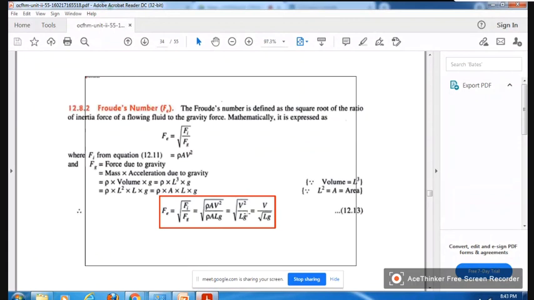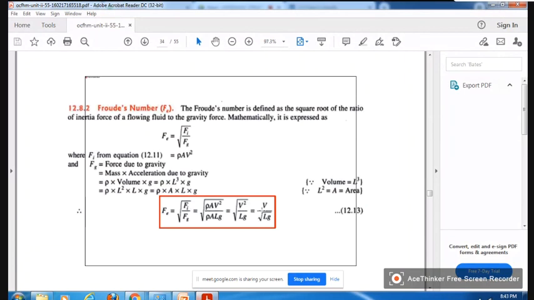Froude number is equal to V by square root of Lg. That is the square root of inertia force divided by force due to gravity.